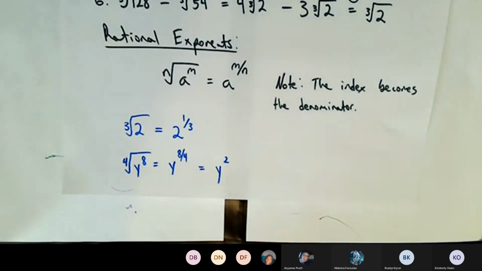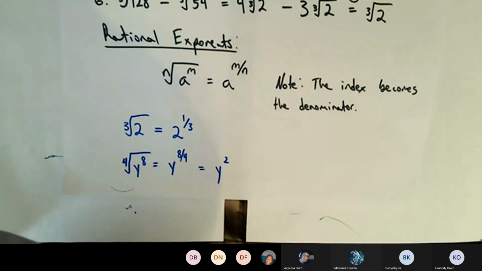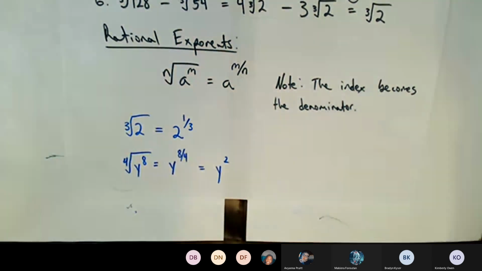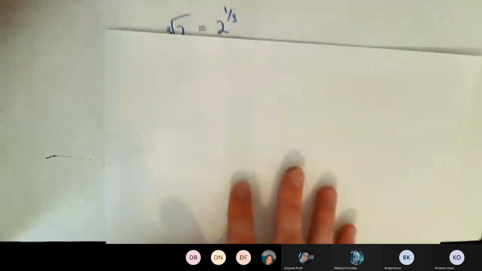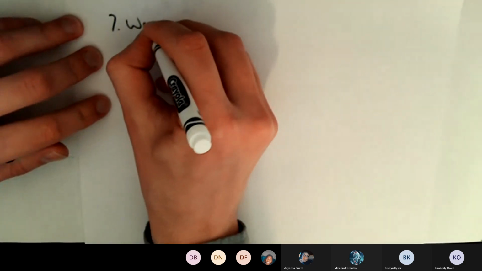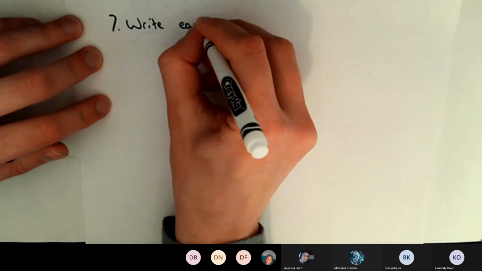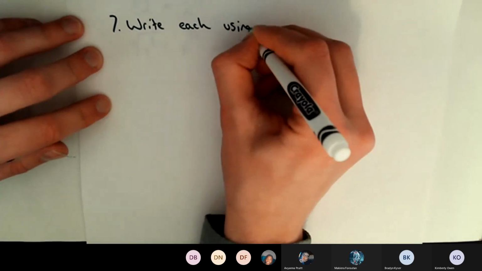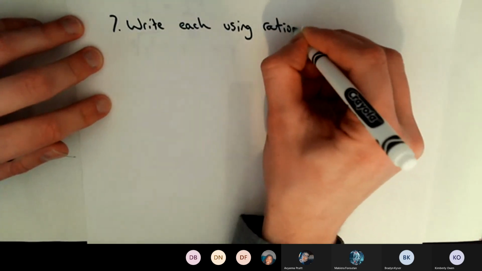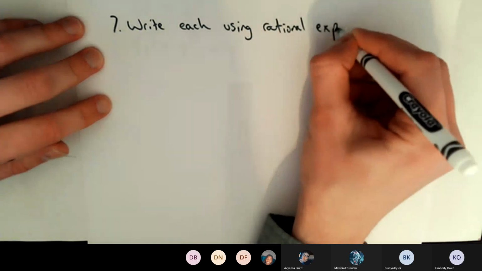Rational exponents. Let's get back to that. Write each using rational exponents.